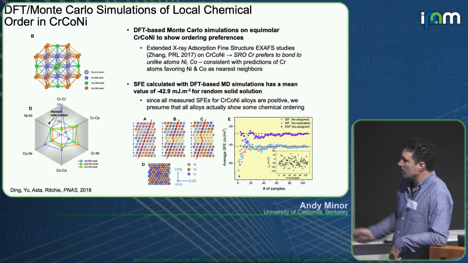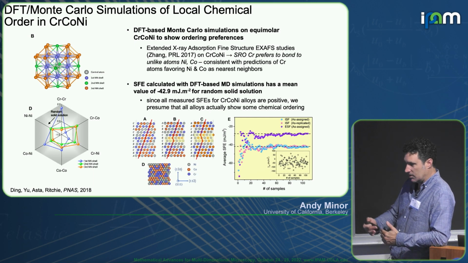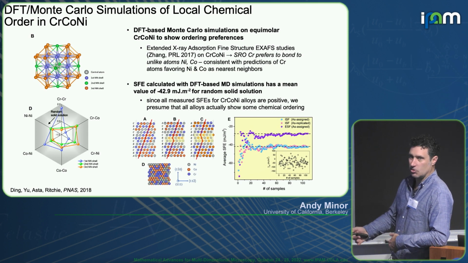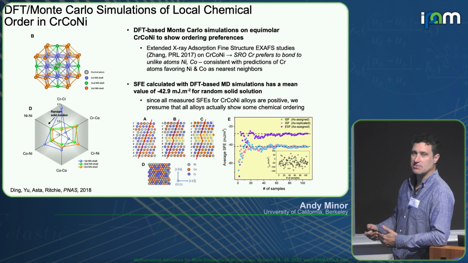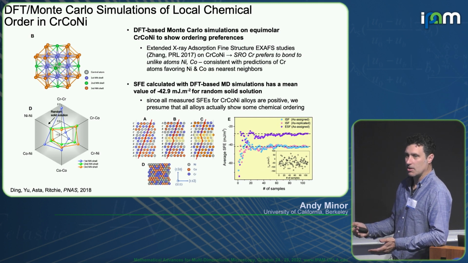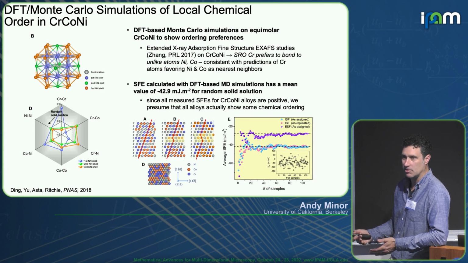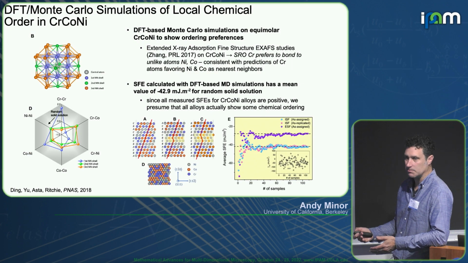Stacking fault energy is the local energy for nominally defect-free FCC material to form a stacking fault. And a single layer stacking fault in FCC is actually HCP. So you can think of the stacking fault energy as saying, what's my tolerance for having a little bit of HCP in my material that nominally wants to be FCC?